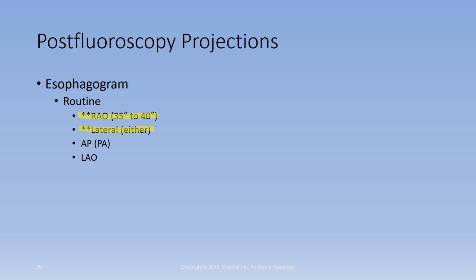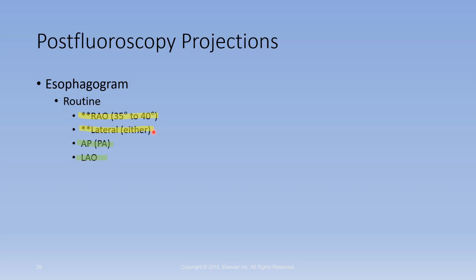Those 2 are the most diagnostic out of the 4. The other 2, the AP or the PA and the LAO, are the least diagnostic, meaning they provide little to no information.